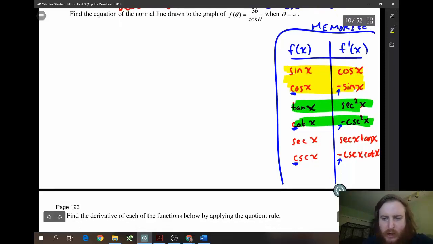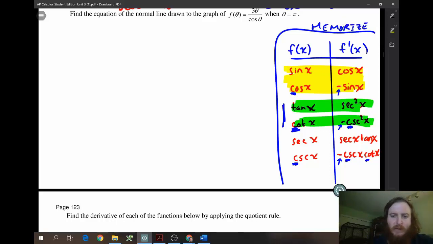And then the last one I like is, again with the c's. Now this one doesn't work for cosine, but it does work for cotangent. If you can't remember, between tangent and cotangent, which one was secant squared and which one was cosecant squared, the cotangent starts with c, so it goes with cosecant. Same thing for secant: secant goes secant times tangent. The derivative of cosecant goes cosecant and cotangent, so the c's kind of group up.